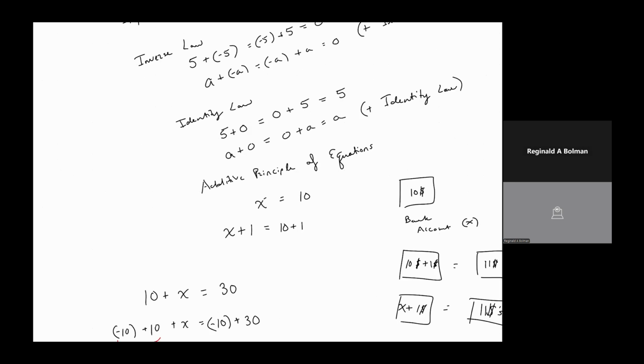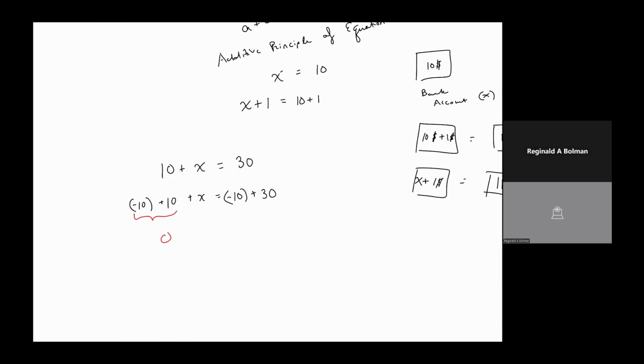So if you took 10 and you added negative 10 on both sides of this equation, on the left side of your equal sign, you're going to get negative 10 plus 10. That just equals 0. But on the right-hand side, you'll note that you've got a new problem statement. You've got negative 10 plus 30. And if I owe you $10, but then I pay $30 into my account and pay back the difference, rather, I should have $20 in my bank account remaining.